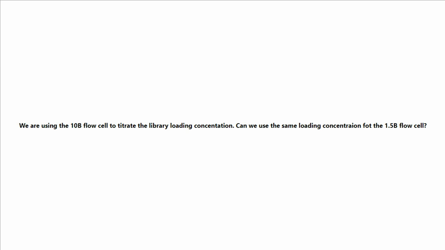If you divide the 10B by the 8 lanes, we should get about 1.25 billion reads per lane. Compared to that, the 1.5B should get about 0.8 billion reads per lane, and the 25B is even higher at about 2.5 billion reads per lane.